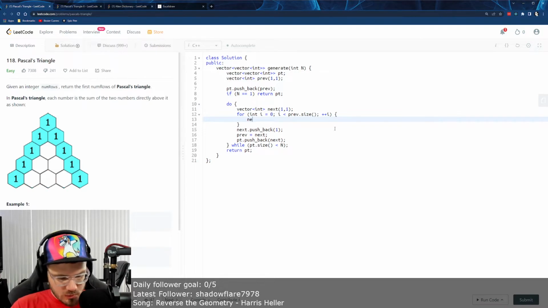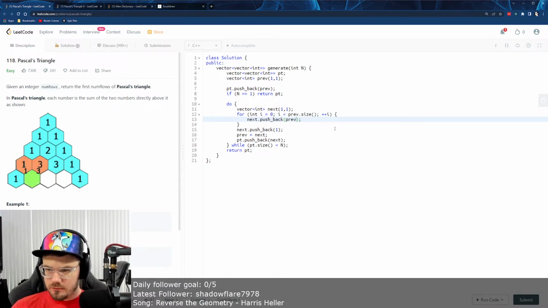So next.push_back prev of i plus prev of i minus 1.